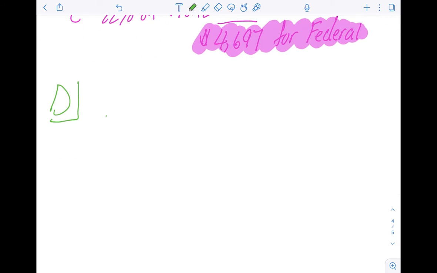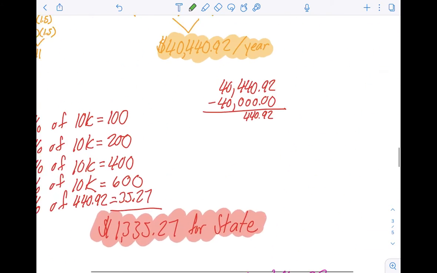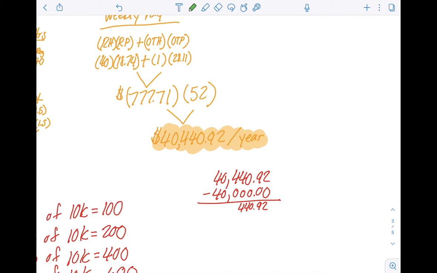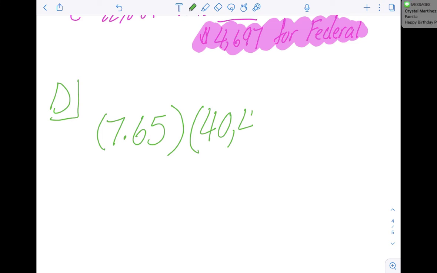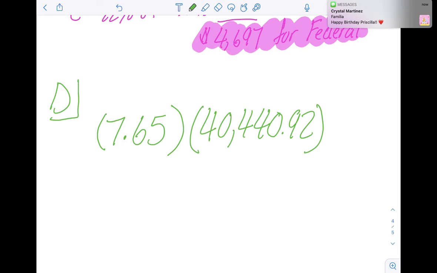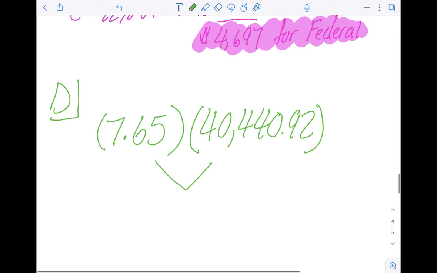What you pay is 7.65% of your total amount, which is $40,440.92. So we're going to go over here and we're going to say $40,440.92, just like that.